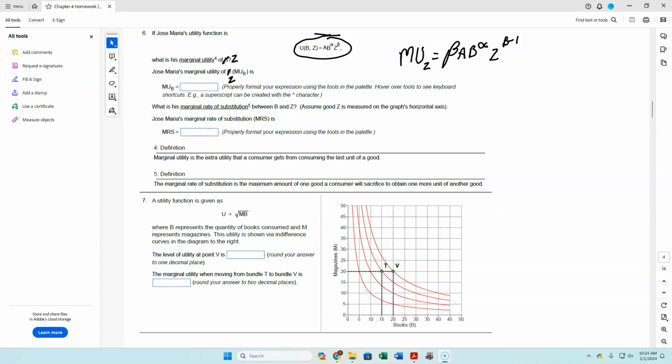And I'll say this too, if it gives you problems typing this in, I could totally see that, the keyboard shortcuts or whatever aren't making it easy. Don't worry. When it comes to the problem set and the exam, you get the handwrite out thing, so you're not going to be affected.